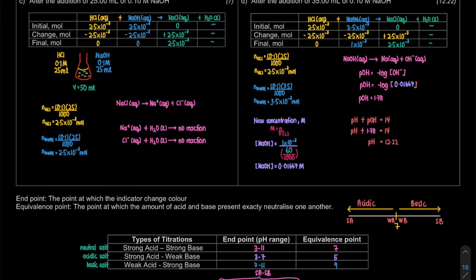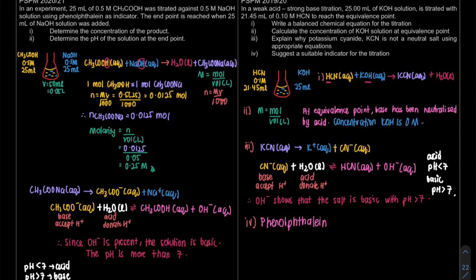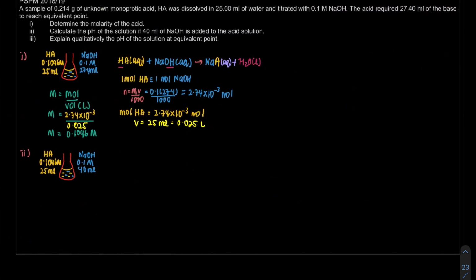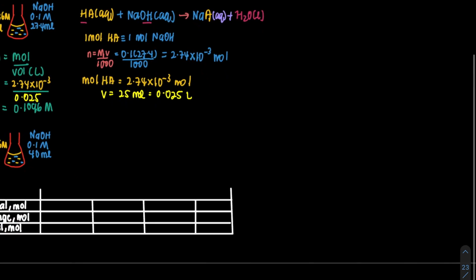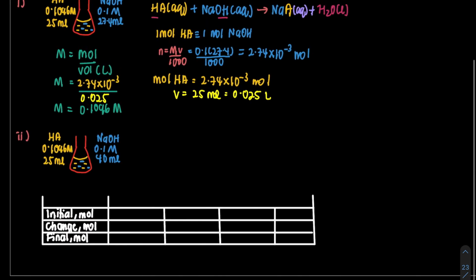Let us calculate together. First, what we're going to do is write down the initial, change, final table. So I have my initial, change, final table. We're going to write down all the information from our equation. So we have HA added, reacted with NaOH, to form our NaA plus H2O.